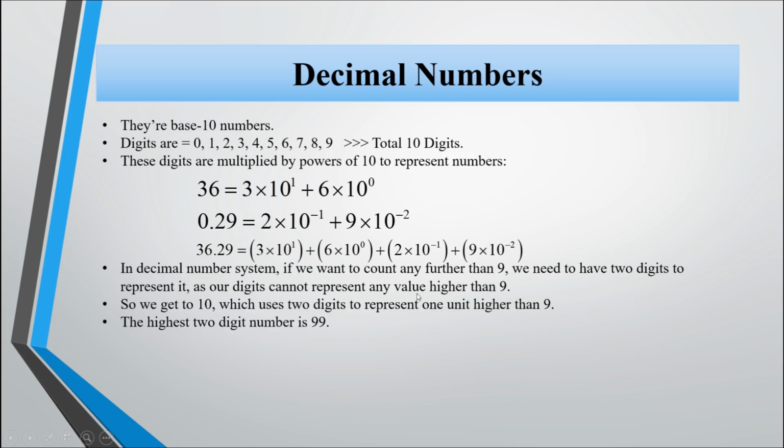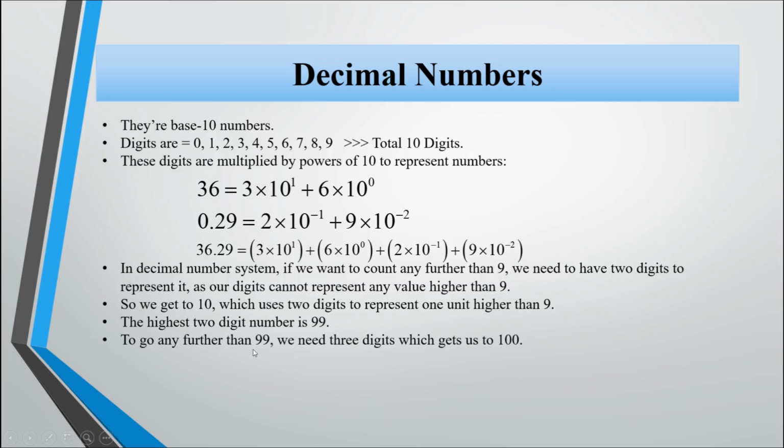The highest 2-digit number is 99. Let's say we count until we get to 99. If we want to go even 1 unit higher than 99, we don't have any way to represent it with a 2-digit number, so we need to use 3 digits.